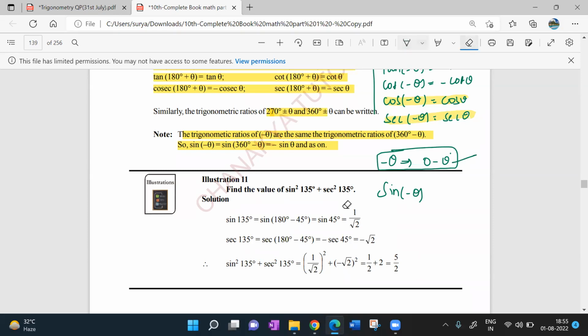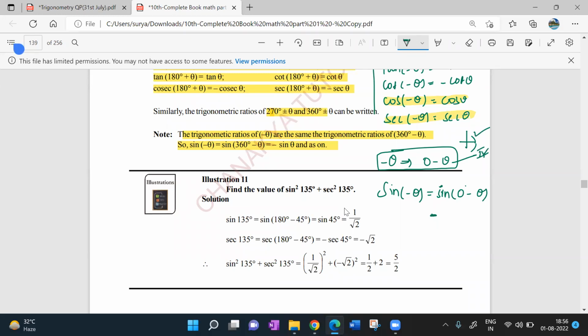So can I write sine of minus theta as sine of 0 degrees minus theta? 0 plus theta is first quadrant, 0 minus theta is fourth quadrant.